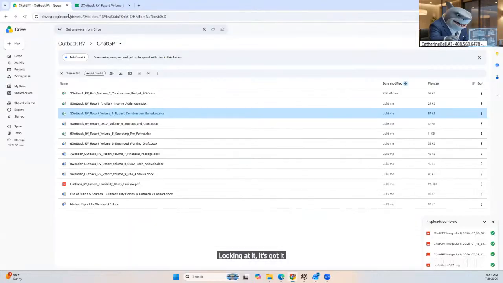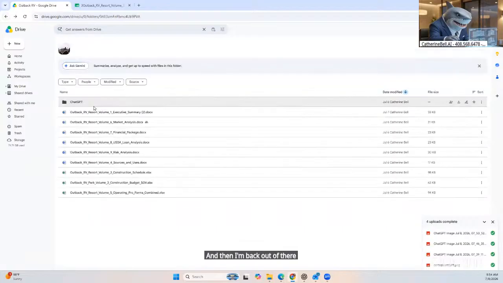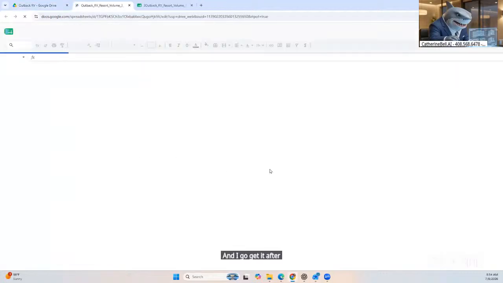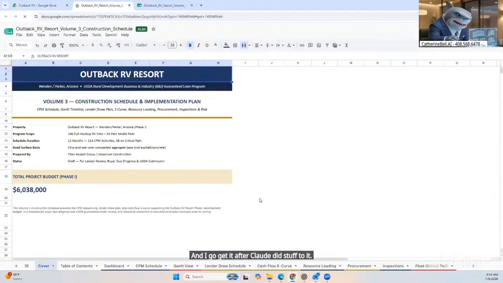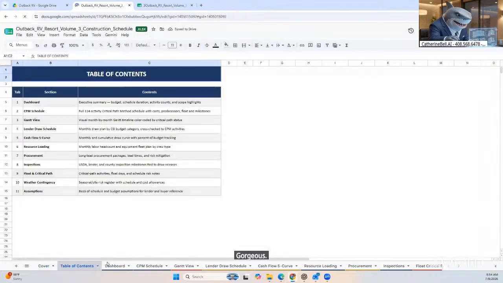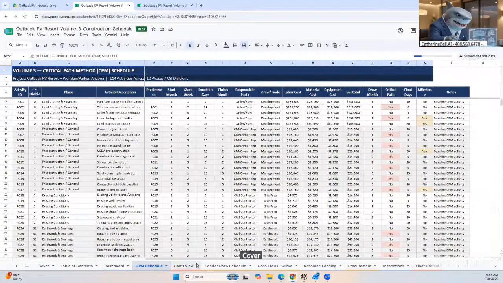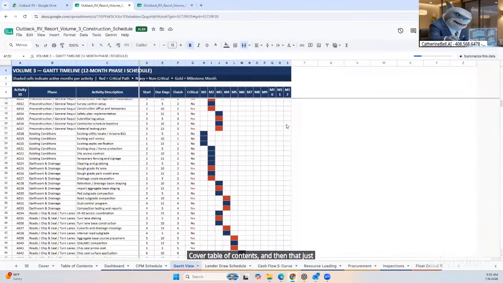This is how GPT looks. Then I back out of there and go get it after Claude did stuff to it. Gorgeous. Look at that. Isn't that amazing? Cover, table of contents, and it just makes everything look better.